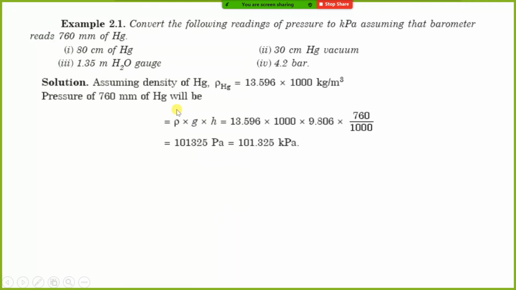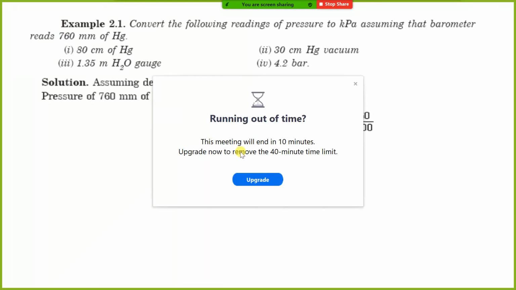The formula of pressure is rho gh; I will explain in subsequent lectures how rho gh comes. Rho is the density of the fluid, g is the acceleration due to gravity, and h is the height in a pressure gauge column or the column of a U-tube manometer or the distance in a fluid.